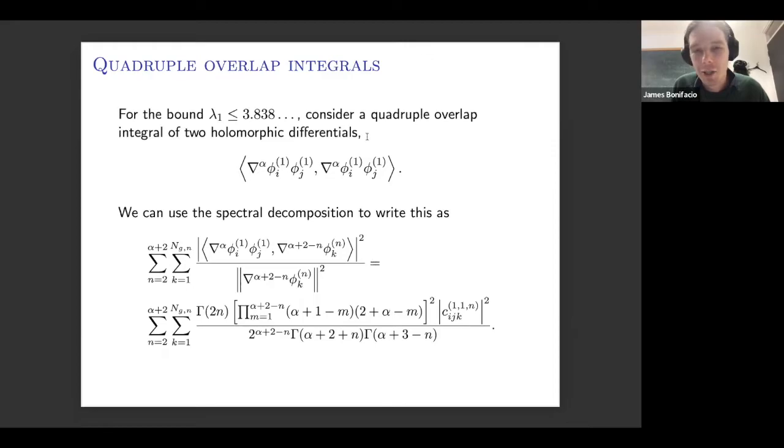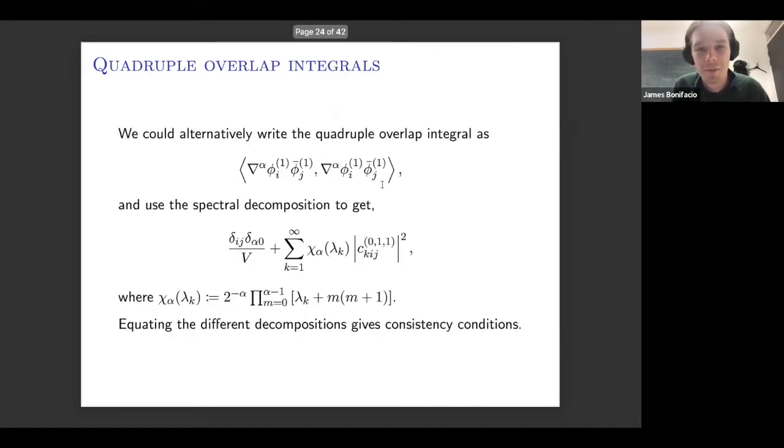So I could alternatively write the same quadruple overlap in the form that I've indicated here. All I've done is swapped the positions of these phi j's. When I write this out as an integral of the product of these four things, it's trivially the same thing. But now I'm just going to use the spectral decomposition on the indicated adjacent terms.